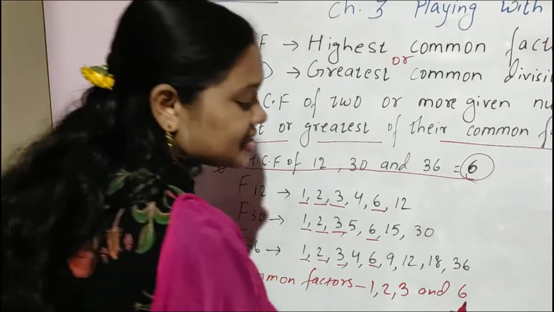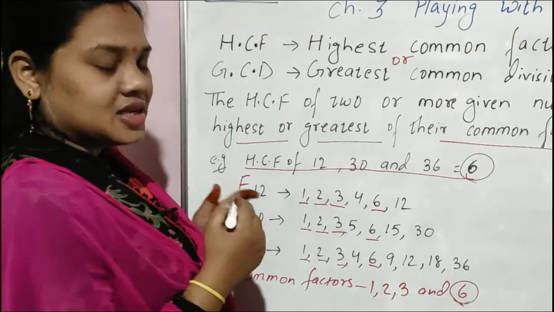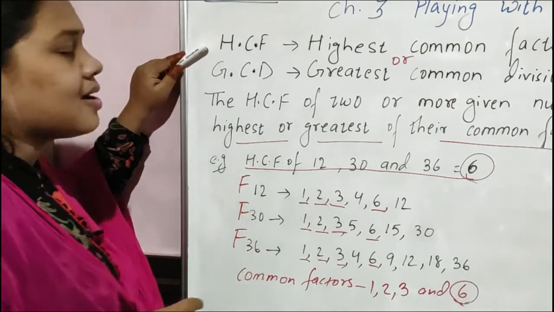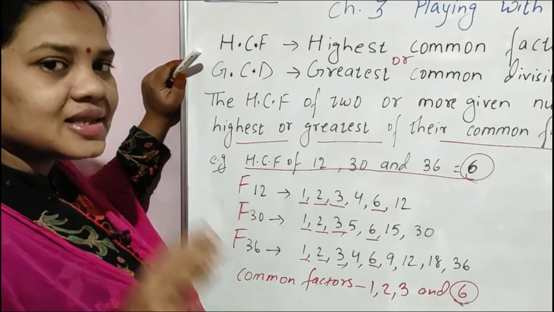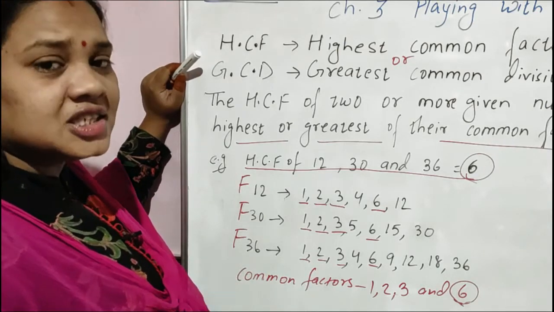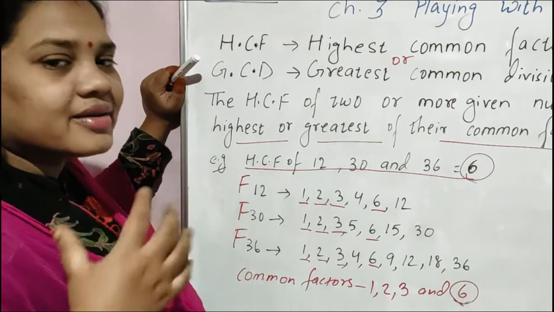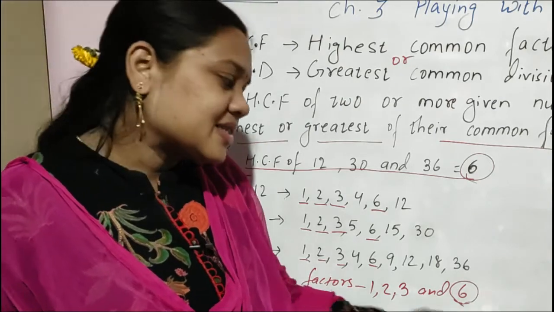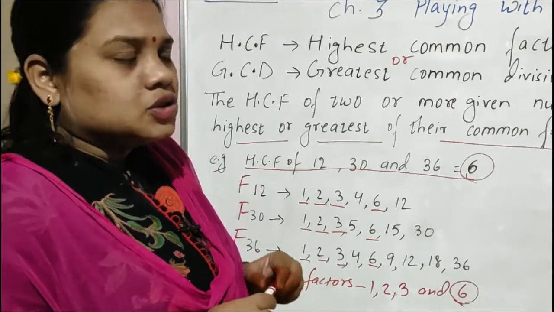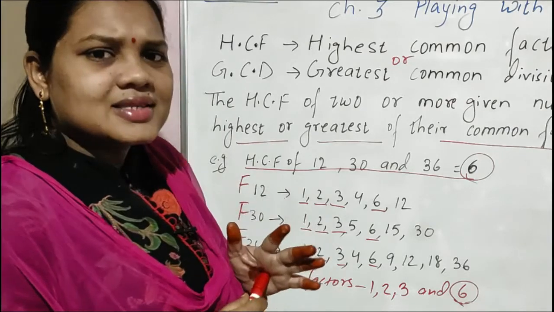In that, the highest is 6. So HCF, highest common factor, means in the common factors, the highest or greatest one. In these common factors the highest one is 6.